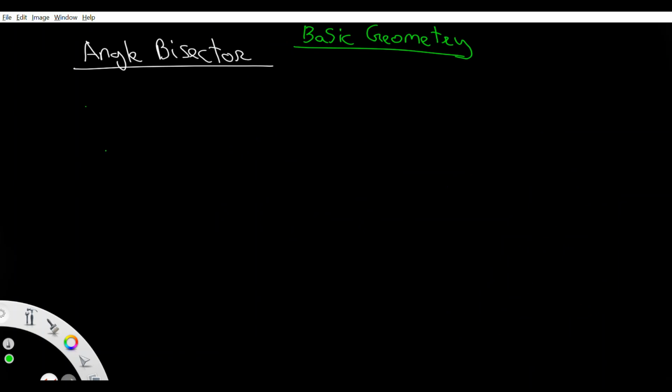Let us now look at something called the angle bisector. Now, what is an angle bisector? Well, an angle bisector is a ray that separates an angle into two equal parts.